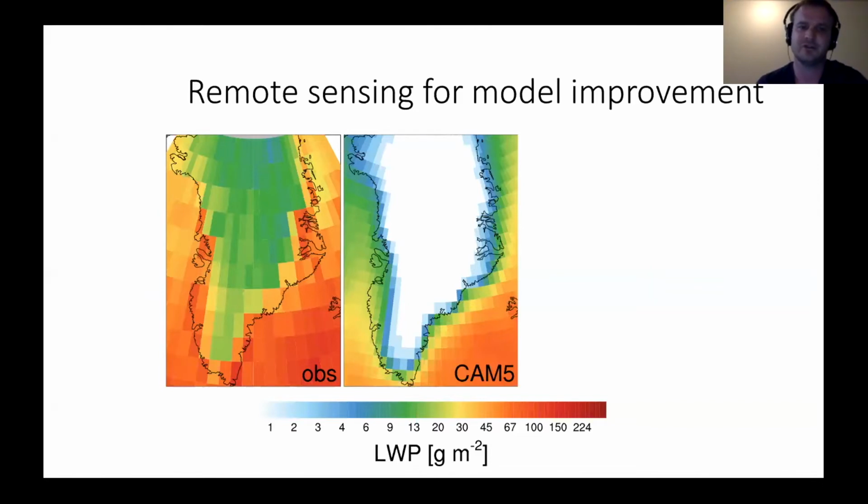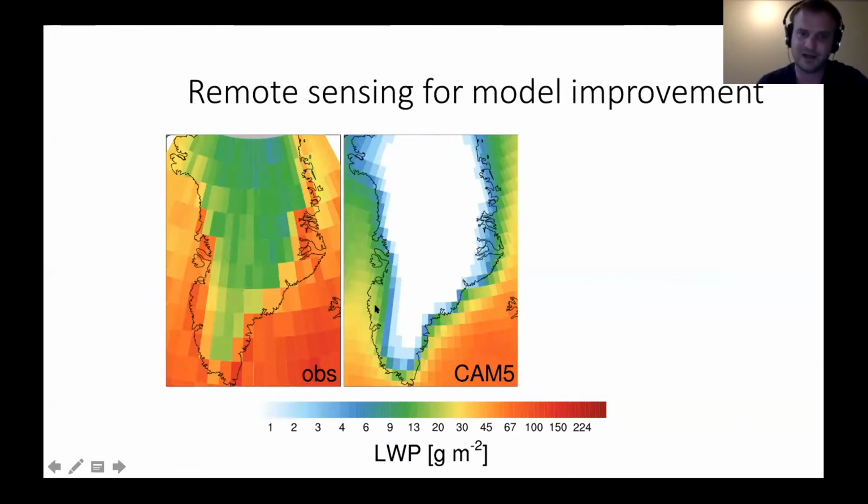And this is again touching upon the CloudSat-CALIPSO observations. Here shown is the liquid water path from these observations in comparison with an older version of the atmospheric model of this Community Earth System Model.